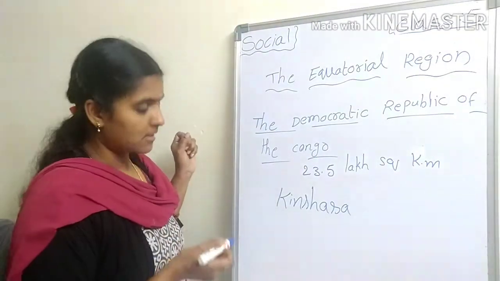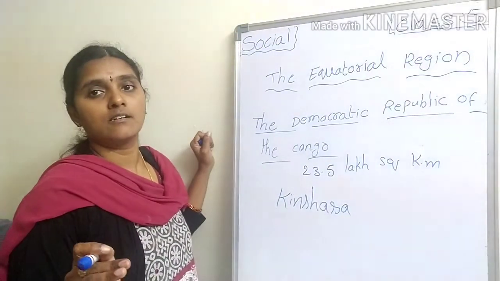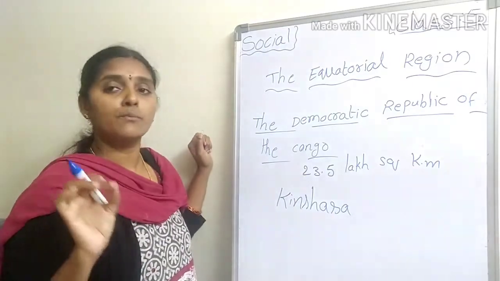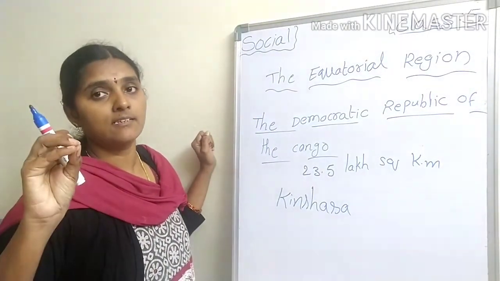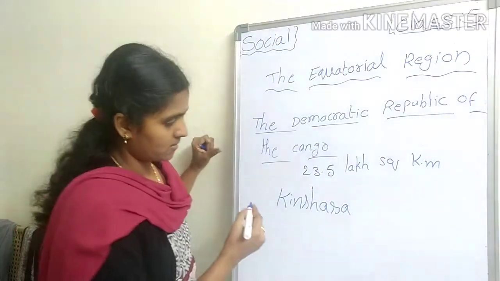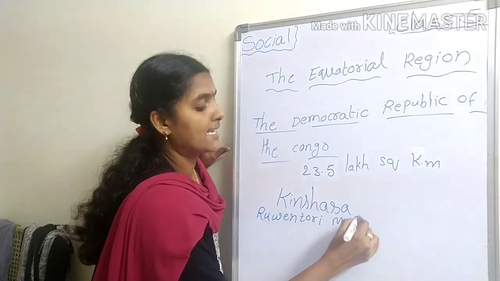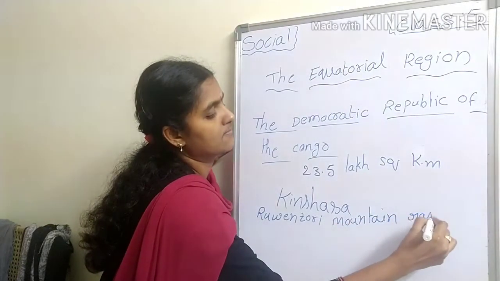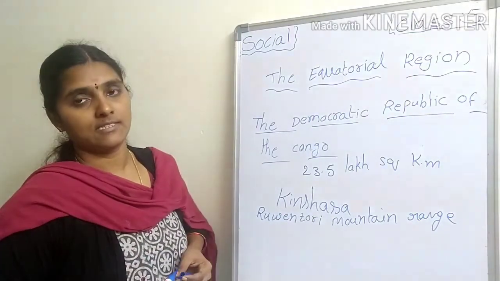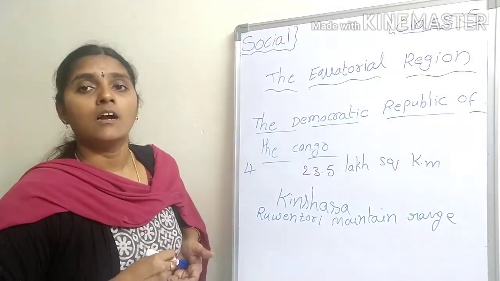Lying in the Congo River Basin, the country is flanked by the Rwenzori mountain range in the northeast, and four major lakes along its east boundaries.